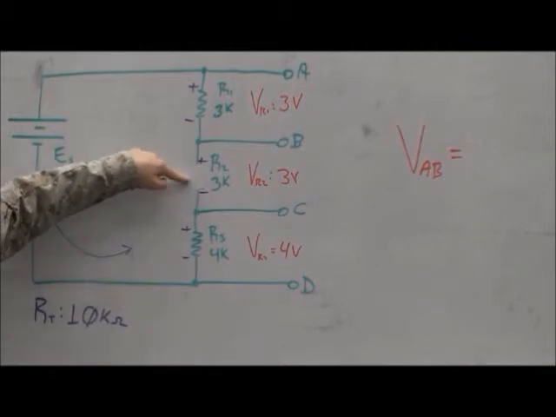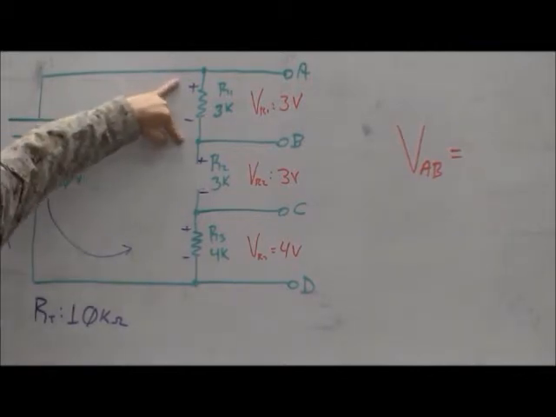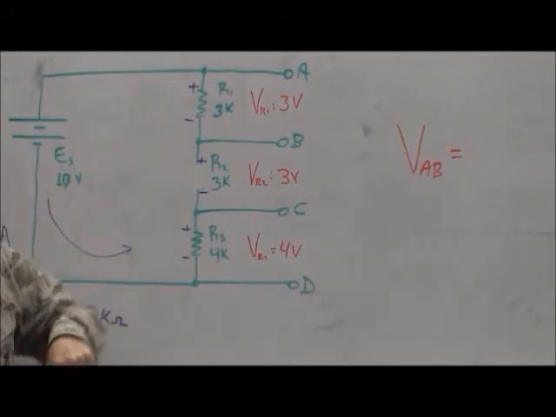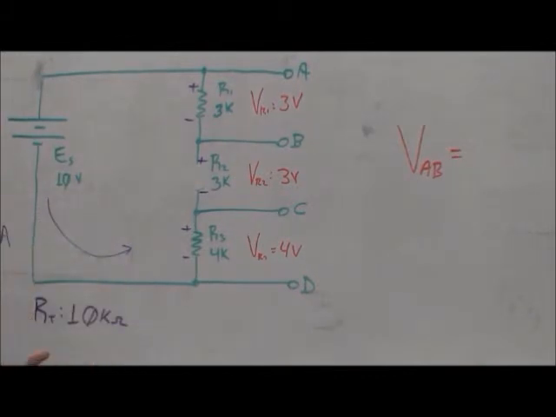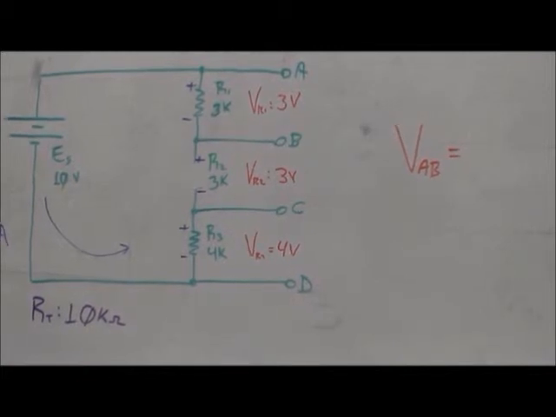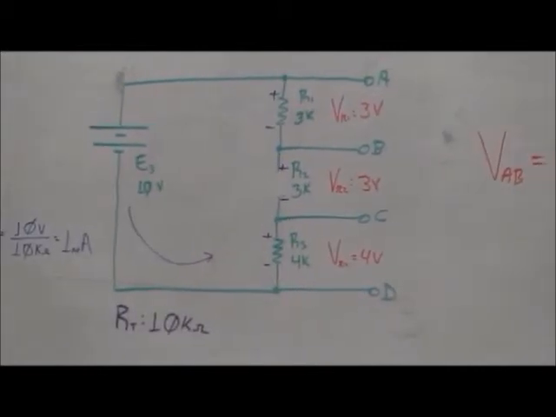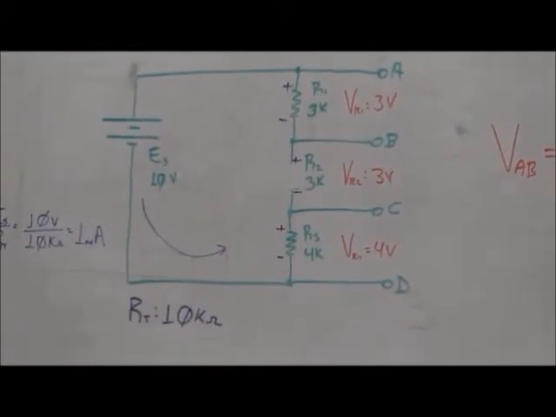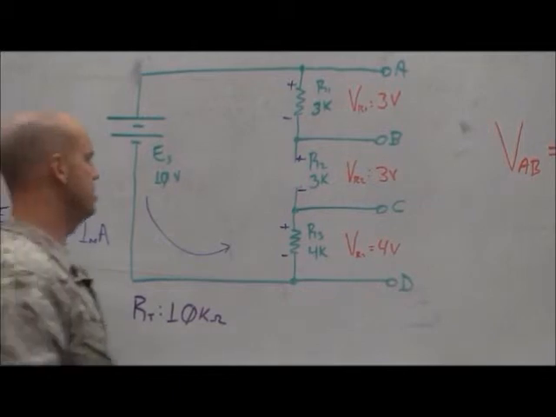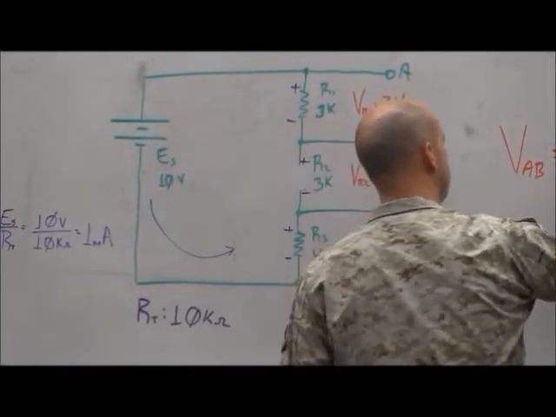If there's no current flow, then the voltage from A to B will be 0. Because Ohm's law tells us E equals I times R, V equals I times R. And if I is 0, then V will be 0. Everyone follow? Okay. How about, fill this up first? That's 0.